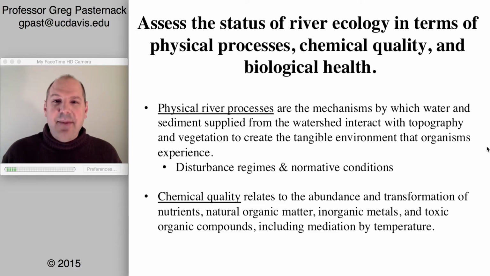Toxic organic compounds, all kinds of things that are used for cleaning, degreasing, and things like that, or lubricants or insulators. These are all compounds, herbicides, pesticides as well. So these are all important aspects of the chemistry.